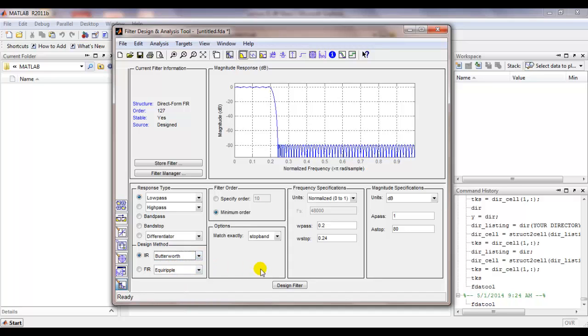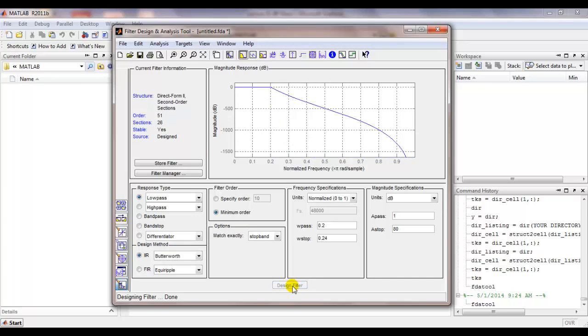Let's just use Butterworth, which is the simplest one. You were getting an FIR of order 127, with the same specification. I have not changed anything. I just say design filter, and I get an IIR filter whose shape is different, but its order is now 51. So you got more than half the reduction in complexity.